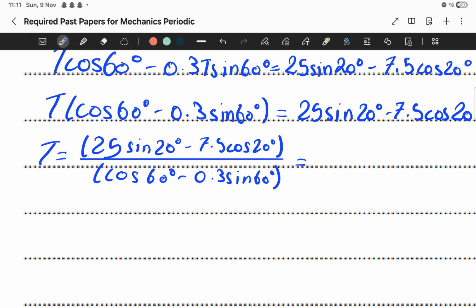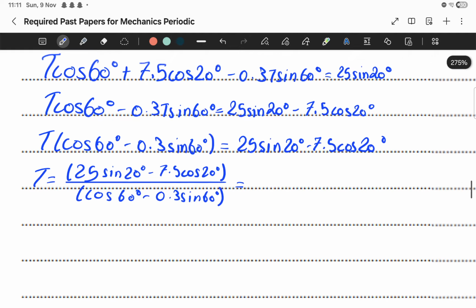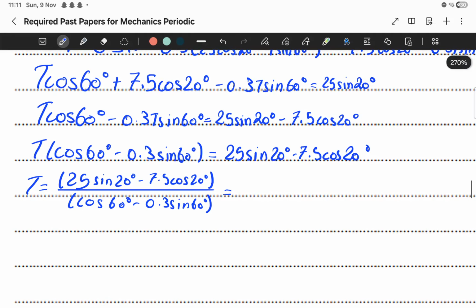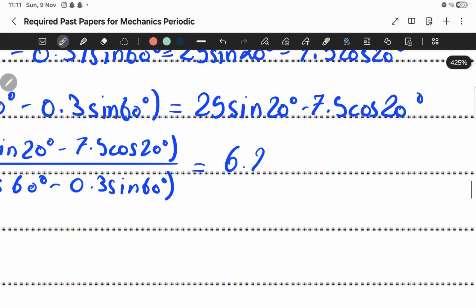Did I make a mistake in the numbers? I don't think I did. It's okay. Over cosine 60 minus 0.3 sine 60. I don't remember it being 6.25. Oh no, it is. 6.25666 newtons.